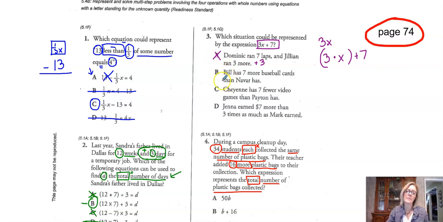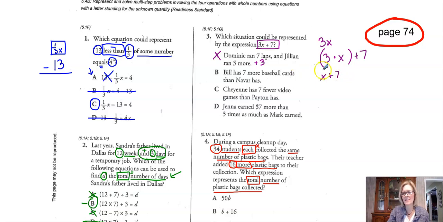Let's look at B. Bill has 7 more baseball cards. Ooh, I like that because the plus 7 that we needed in this problem, that would say 7 more maybe. Bill has 7 more cards than Navarre has. That means we would take Navarre's number, which would be X, and we would just add 7.